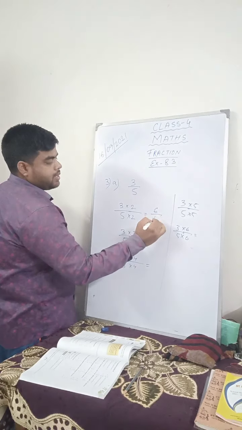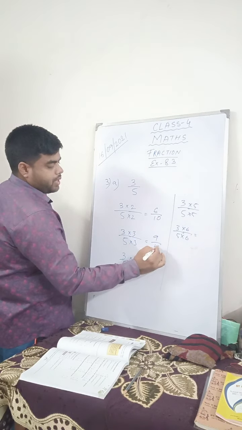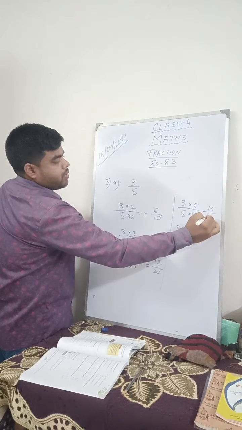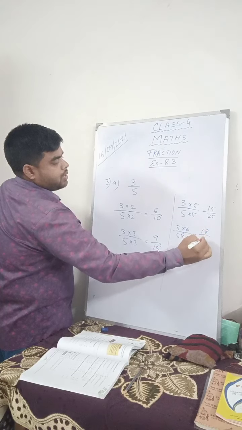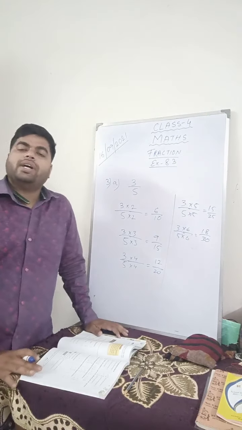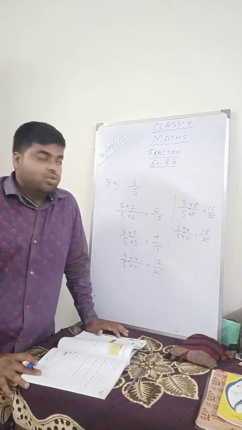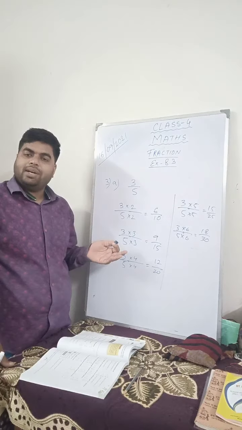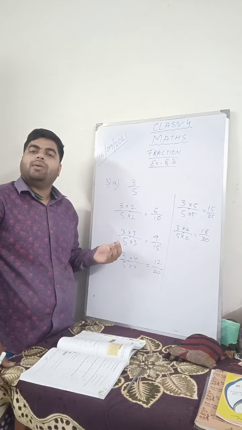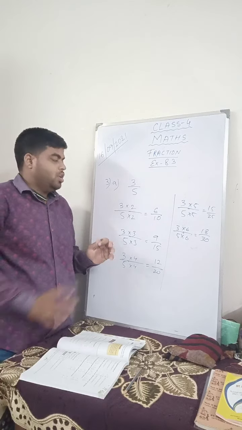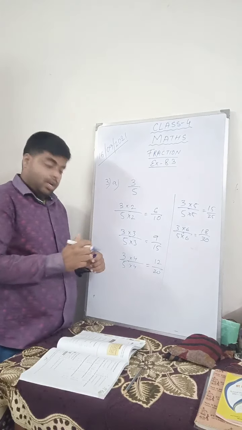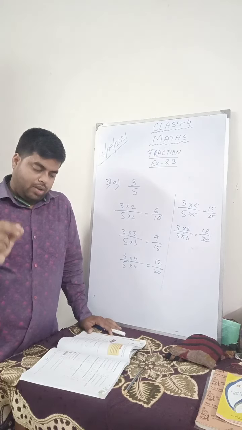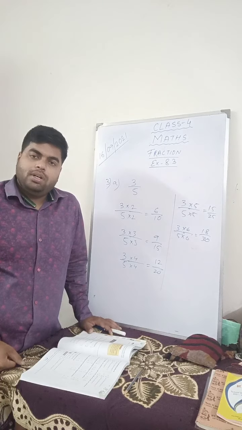Here 6 by 10, here 9 by 15, here 12 by 20, here 15 by 25, here 18 by 30. So these were your first 5 equivalent fractions. So remember, if you multiply by 1, you will get the same fraction, so we have not multiplied by 1. And again I am telling you, whether you are dividing or multiplying, you have to multiply or divide by the same number.